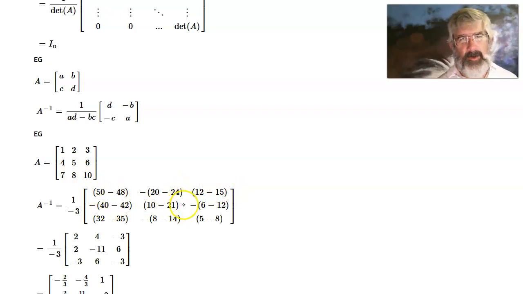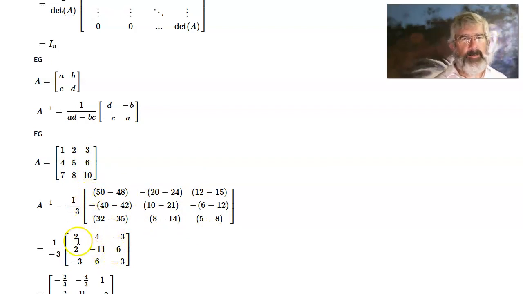Likewise, the second row here, I'm going to be working my way down the second column. So first row of the second column, cover that up, 40 minus 42 with a negative sign. And then in the middle here, cover those up. I've got 10 minus 21. And lastly, over here, I've got 6 minus 12, but with a minus sign. And then, of course, the third row would be getting the cofactors of the third column.